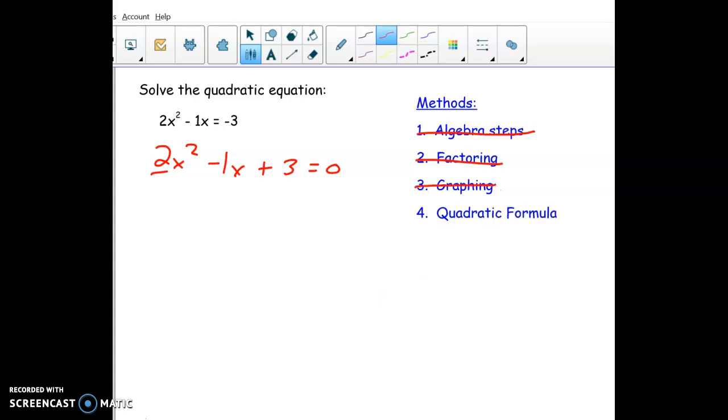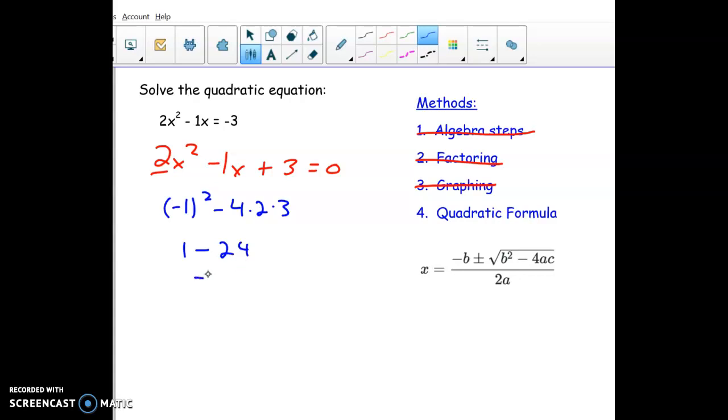I'll paste it up here on the screen for you quick. I always do the b squared minus 4ac part first, just to save a little bit of writing. So I'm going to do negative 1 squared minus 4 times a times c. So I get 1 minus 24, negative 23. Now I'm going to do the square root part of that.